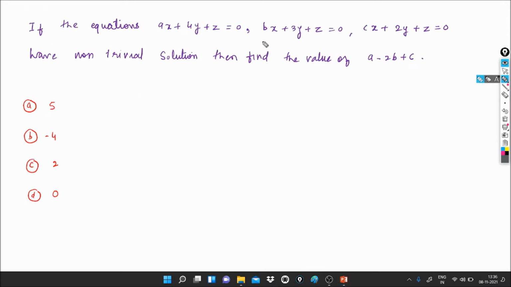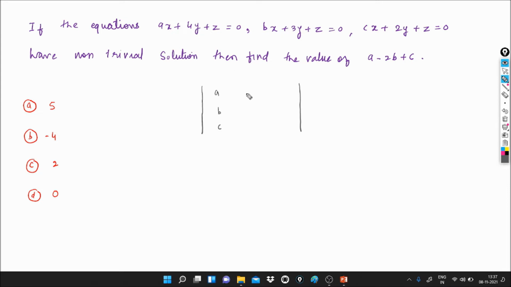Let us see the next question. If these three equations have a non-trivial solution, then find the value of this. This system of linear equations can be written in determinant form. The first column means the coefficients of x: a, b, c.